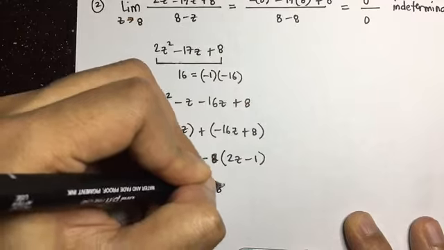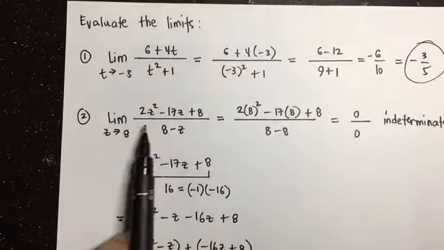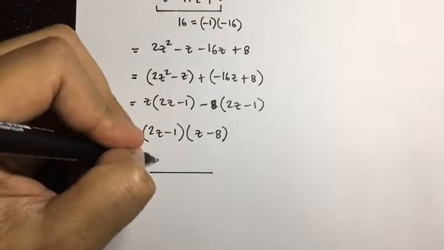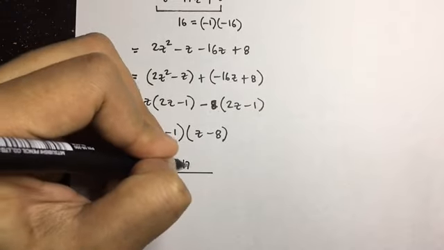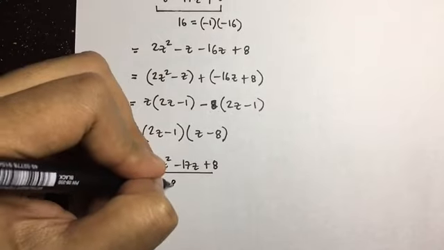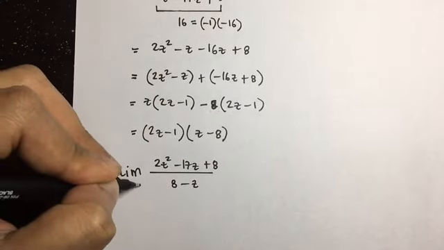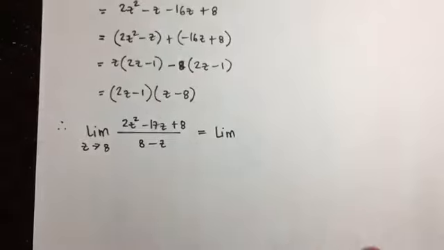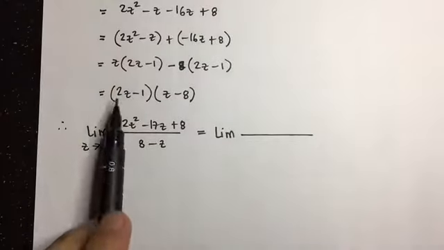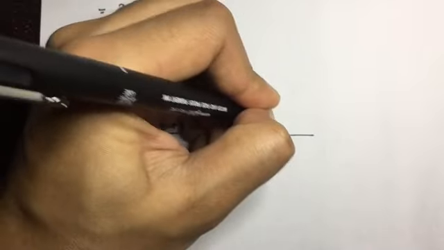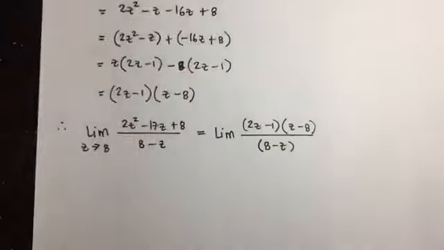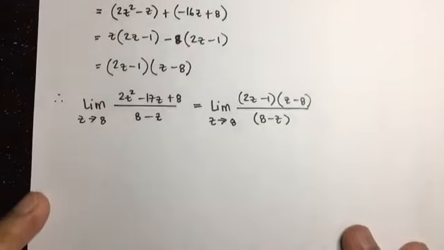Therefore, rewriting the given, the limit of (2z squared minus 17z plus 8) over (8 minus z) as z approaches 8 is equal to the limit of (2z minus 1)(z minus 8) over (8 minus z), since this is the factored numerator.